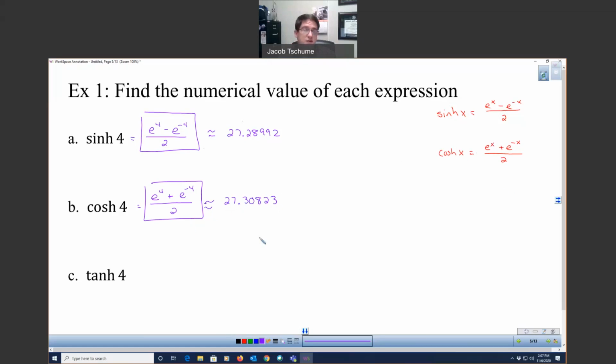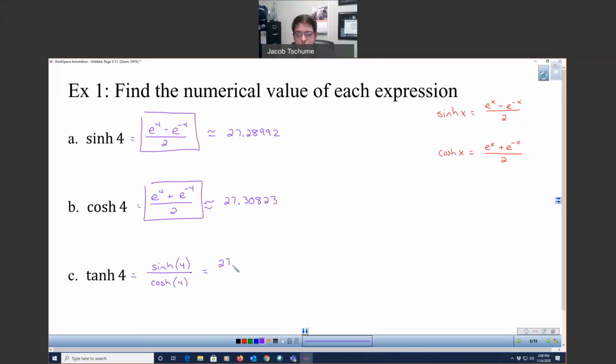And then once you get those two explicit answers, finding any of the other 4 is just using your basic identities. As far as hyperbolic tangent goes, all you have to do is divide the hyperbolic sine of 4 by the hyperbolic cosine of 4, because that same quotient identity still holds.